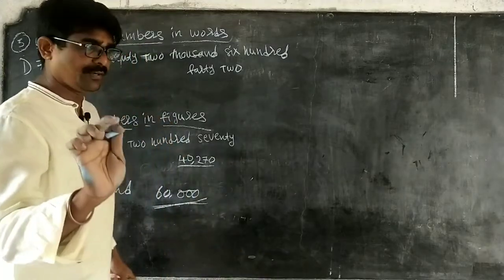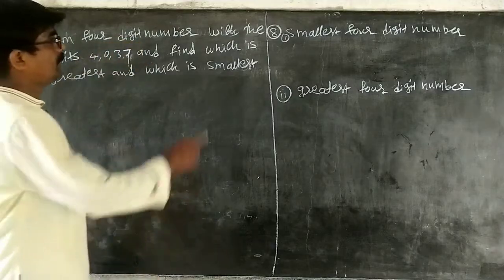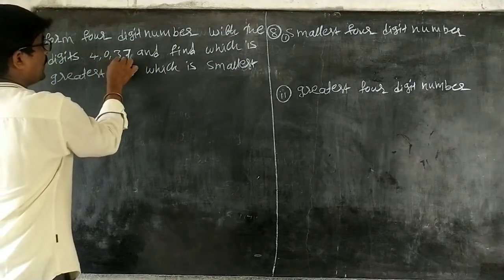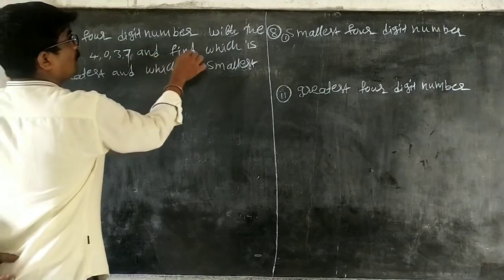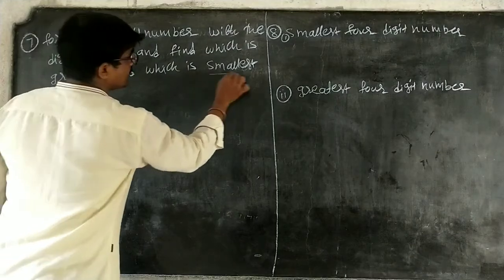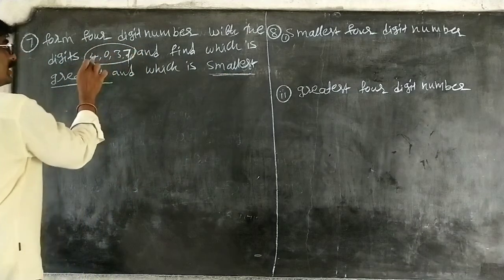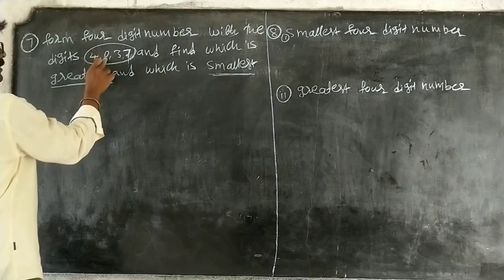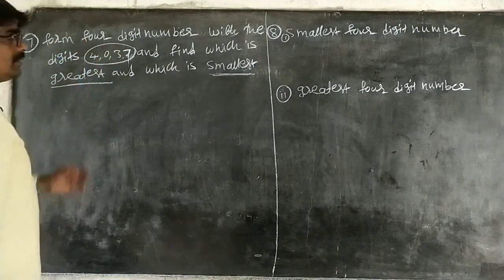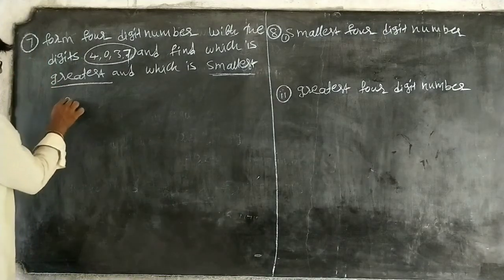Next problem, the seventh problem. Form a 4-digit number with the digits 4, 0, 3 and 7 and find which is greatest and which is smallest. First we have to find the greatest number.